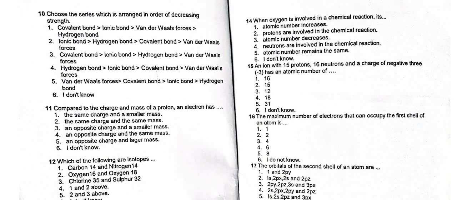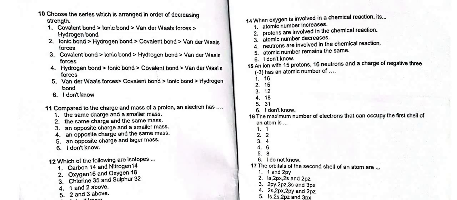Let's qualify them. We talk about the order of decreasing, meaning the one that we have first must be the strongest, right? So look at number 5. Number 5 is already disqualified because van der Waals are the weakest. So this is disqualified.